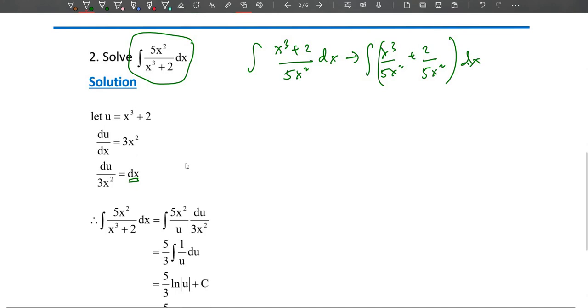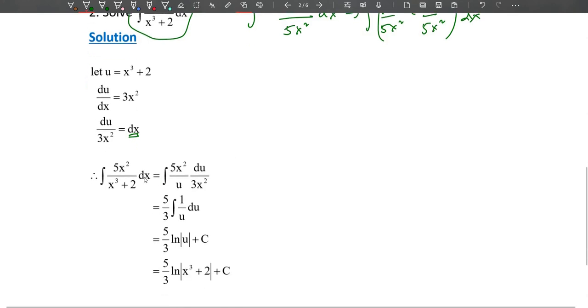Next, substitute u and also the new dx in the integral. Hence we have integrate 5x² over u times du over 3x². Next, we can simplify the x² and x², and we are left with 5 over 3 integrate 1 over u du.